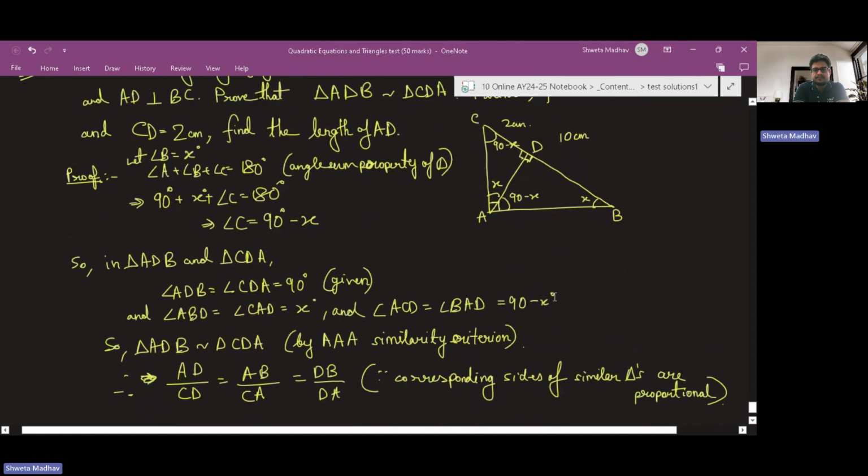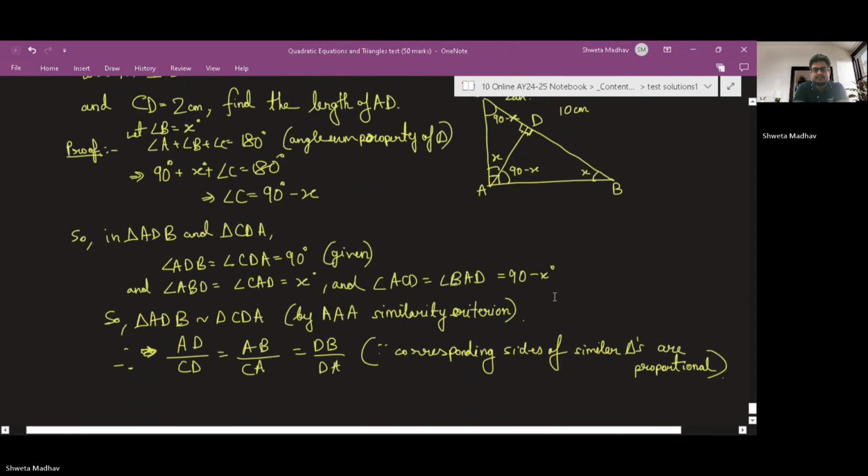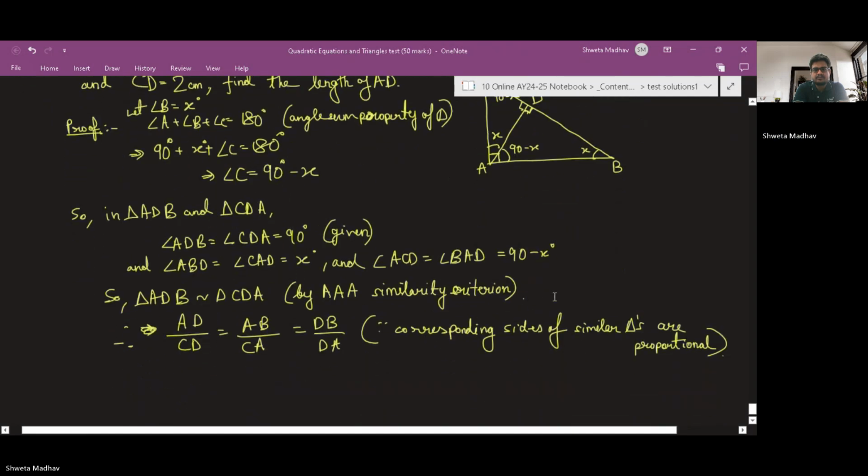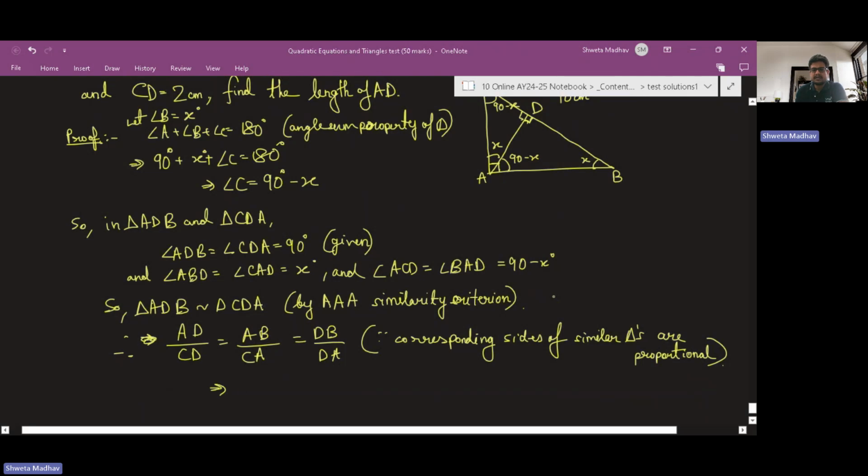So from here I can say that AD by CD is equal to BD by AD.